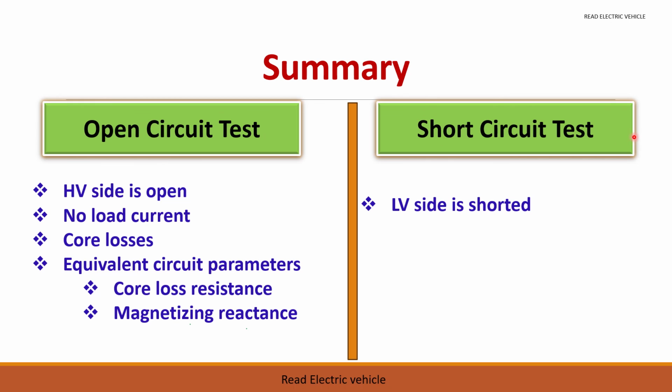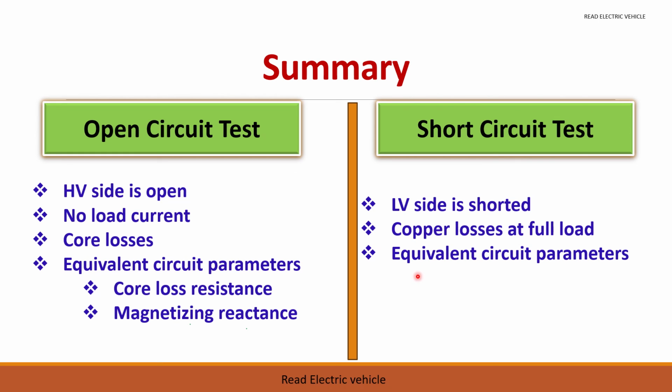In the short circuit test, the low voltage side is shorted. Here you can get the copper losses at full load condition. Then the equivalent circuit parameters, resistance and leakage reactance, can be found from the short circuit test. Totally these two tests are called non-loading tests because we are not actually loading the transformer. Without loading the transformer, we are able to get the parameters.